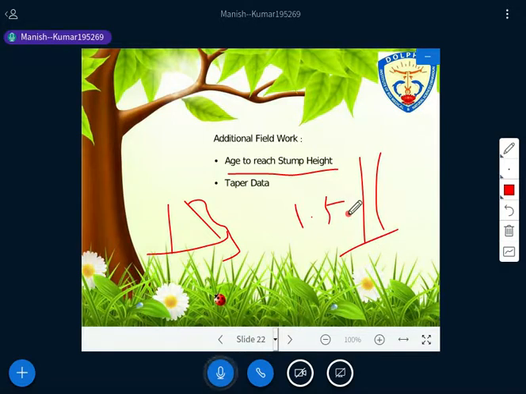Then you have to make small sections of 10 centimeter, count all the annual rings in each section, and add up all those sections. You are able to get this age to reach stump height. Have you got that? I have already explained this part in stem analysis, so there should be no doubt in this section. Age to reach stump height.